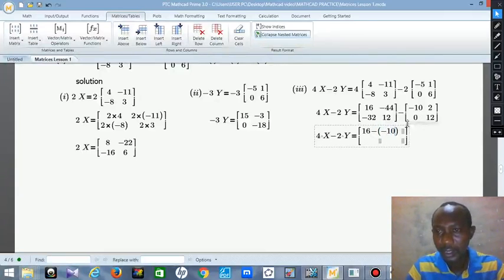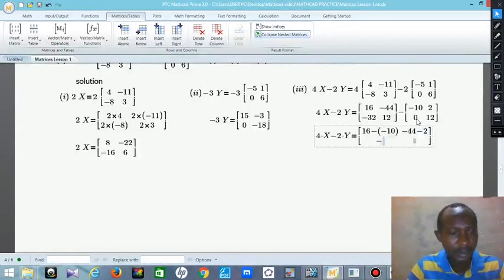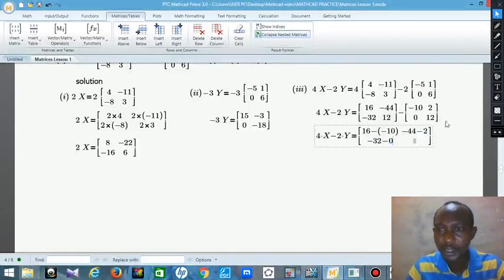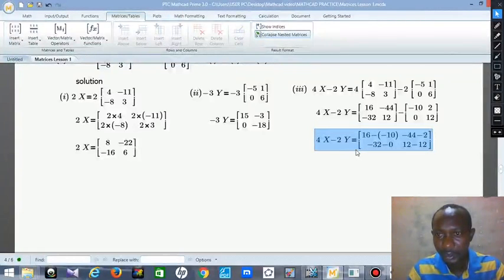Minus 10. Then let's go to the next element, which is minus 44. Minus 44 minus 2. We'll come here. Minus 32 minus 0. Then 12 minus 12. Okay, I position it well.